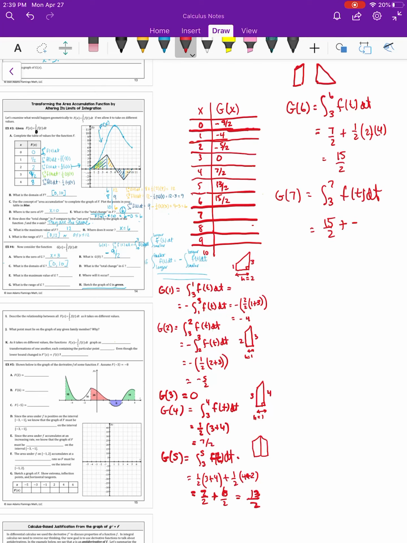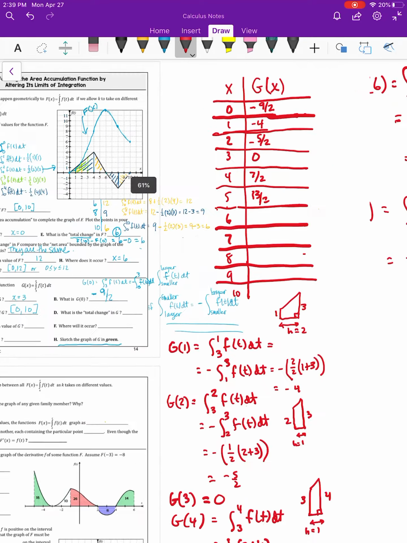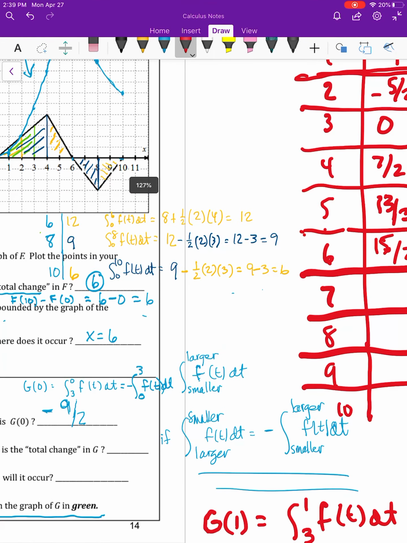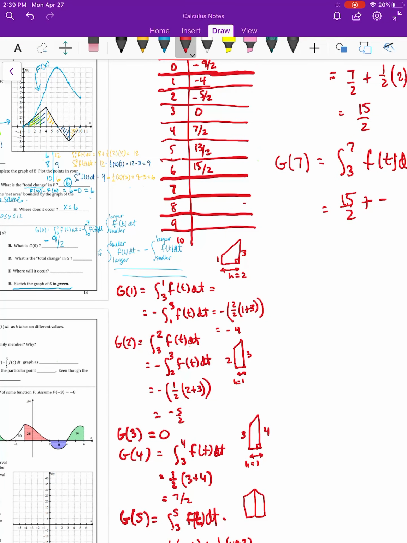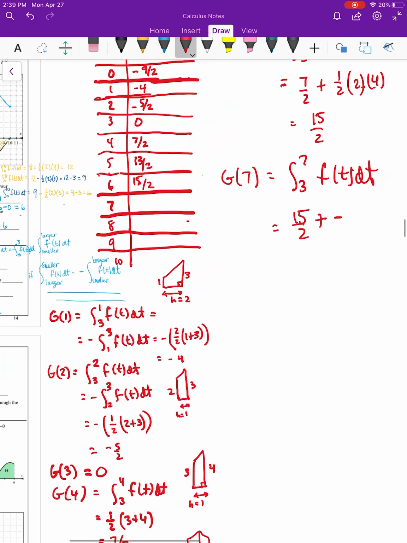So I'm going to be adding on a negative, 1/2 times 1 times 3 halves, because it looks like from 6 to 7, it would be 1/2 base times height, which would be 1/2 times 1 times 3 halves for the height. So we've got 15 halves minus 3/4, going to give us 27/4.